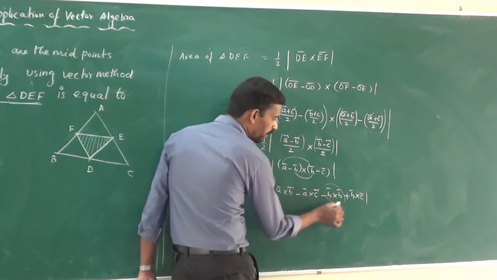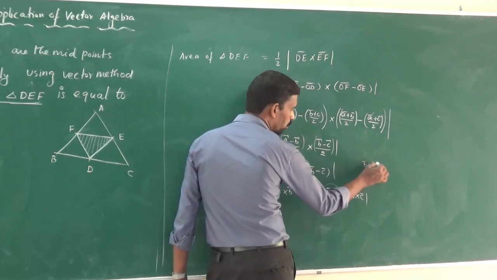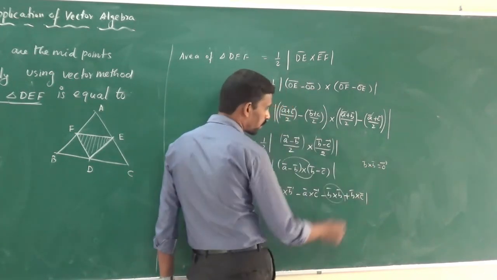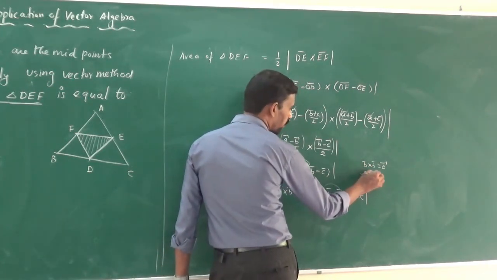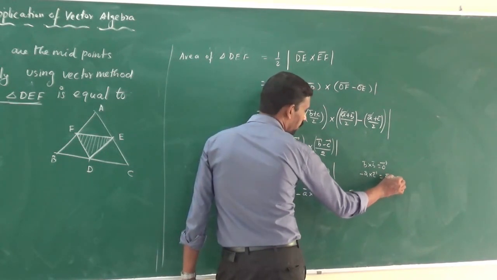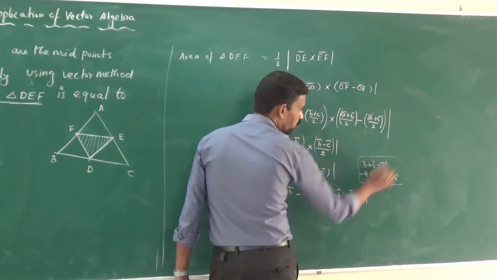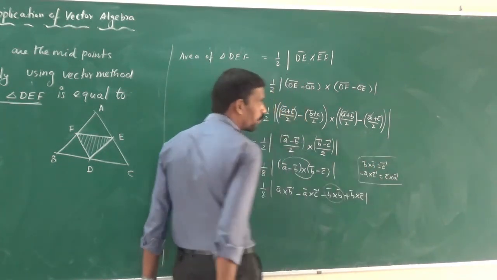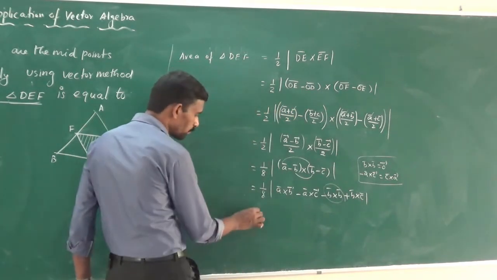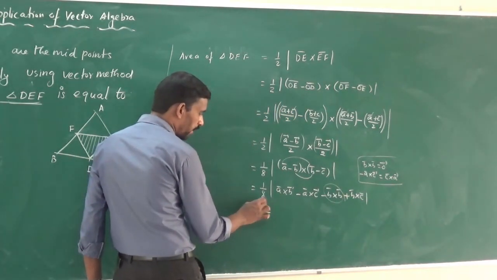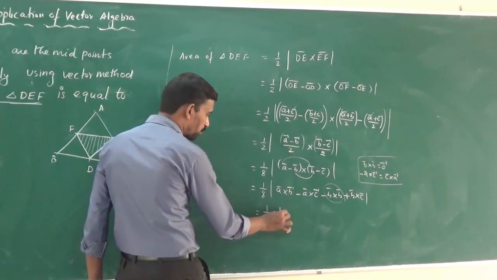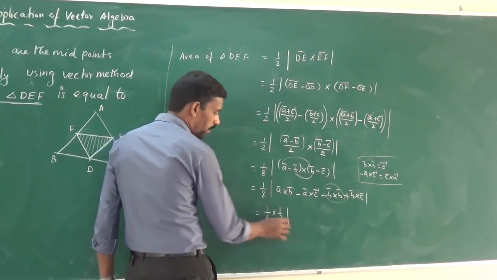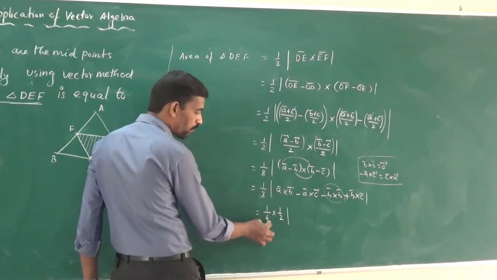We know b cross b is the zero vector, and minus a cross c we can write as c cross a. So it is changing sign, otherwise it will be plus. So I write here 1 by 4 into 1 by 2, since 1 by 8 can be written as 1 by 4 into 1 by 2.